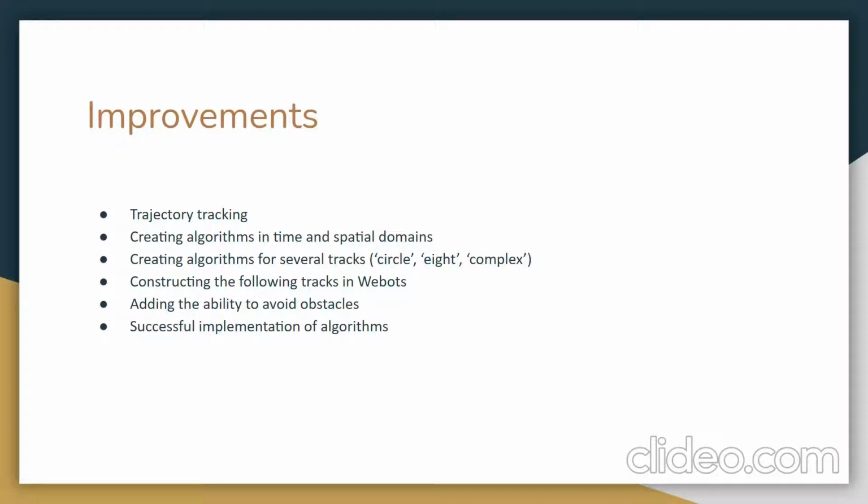So we have created the algorithms both in time and spatial domains, and these algorithms can be applied for different tracks, such as a circle, an 8, or a complex track. All these tracks were constructed in the Webots simulator, and in the end we added the ability of obstacle avoidance for our algorithms. All of the algorithms were successfully implemented in the ACADO toolkit and simulated in the Webots simulator.